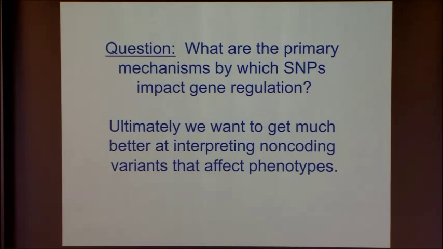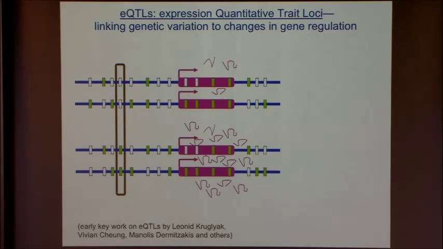To tackle this, the major approach that we have taken is an approach called expression quantitative trait locus mapping. We use this as a tool for linking genetic variation to changes in gene regulation. For those of you who are not familiar with this, let me just talk you through it quickly. The basic idea is that we collect a particular cell type or tissue type from a whole panel of individuals.